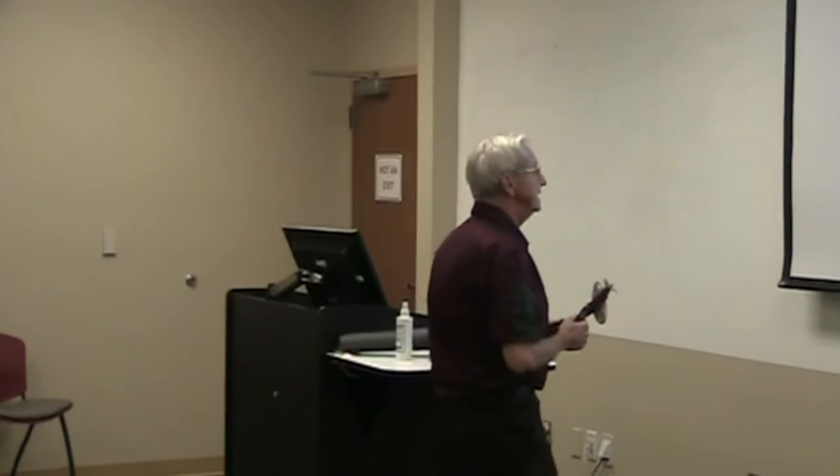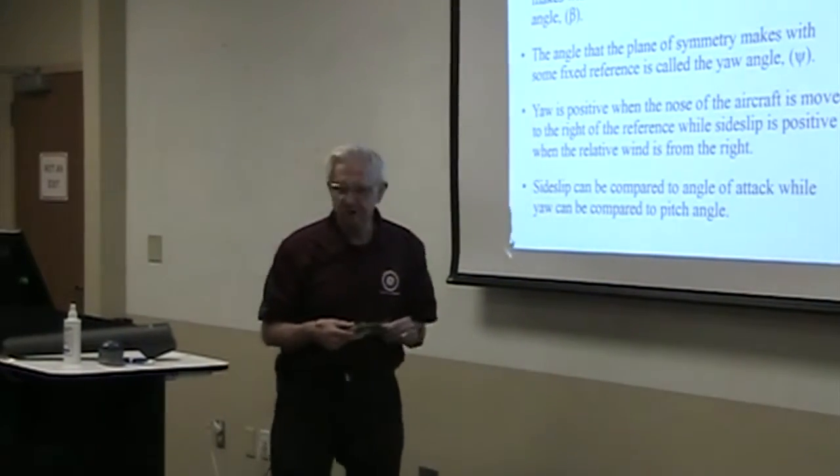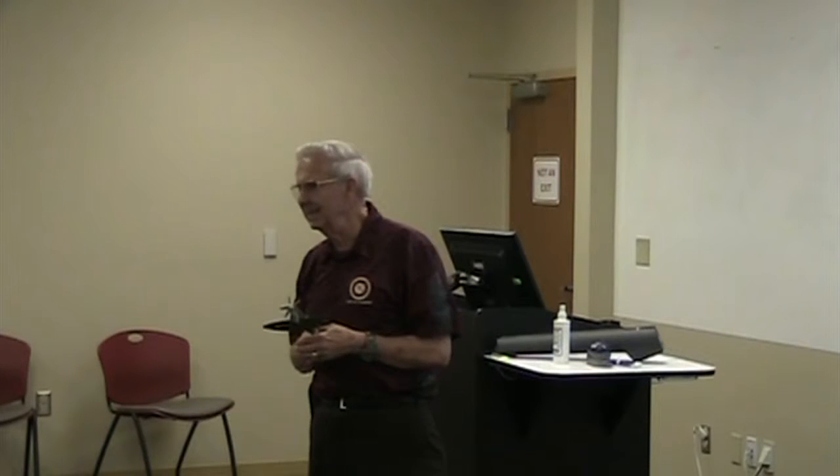Okay. Now, the angle that the plane of symmetry makes with some fixed reference is called the yaw angle. There's probably one case where these things are actually the same: if we say true north is our reference, then if we were flying true north, side slip and yaw angle would be of the same magnitude, but of equal and opposite signs.